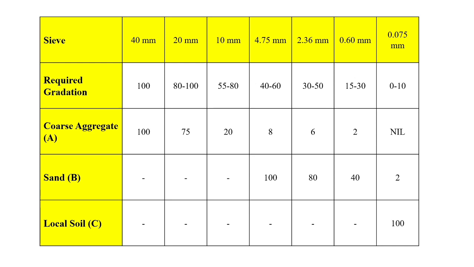Using this example, we have to see how Rothfuch's method of aggregate blending is employed to find the proportion of A, B and C to obtain the desired gradation.